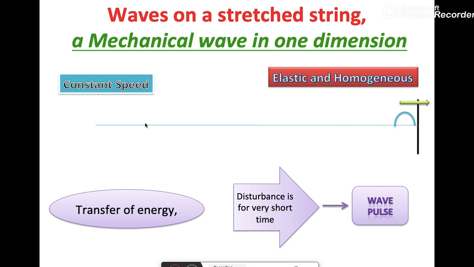This is nothing but the transfer of energy due to the disturbance created by myself. If the string is homogeneous and elastic, and the disturbance is for a very short time, we can call this disturbance a wave pulse.